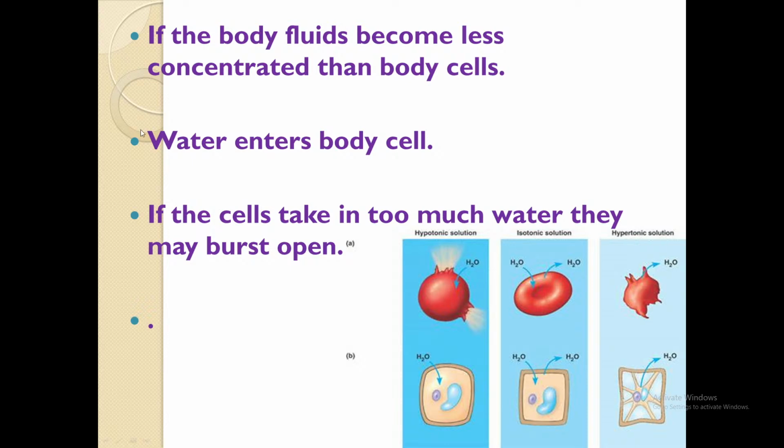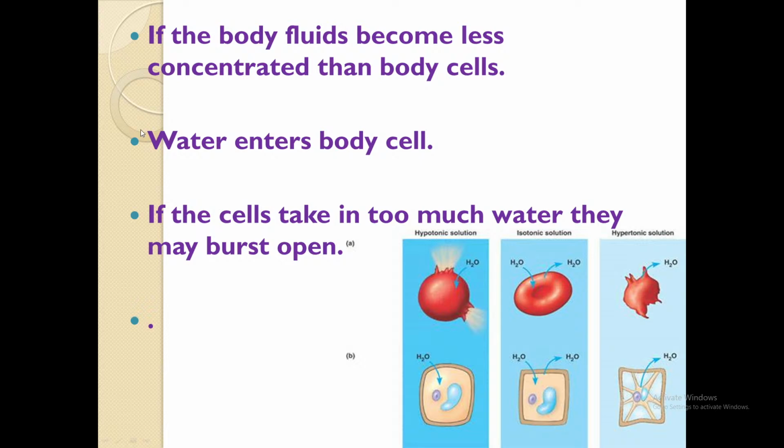Right, so what the first pointer is saying is that the body fluid, which would be the blood for example, is less concentrated, so that means that it has a lot more water than is inside the cells.